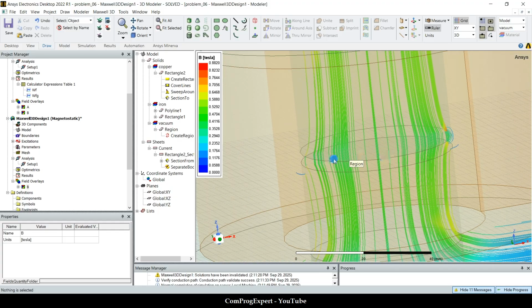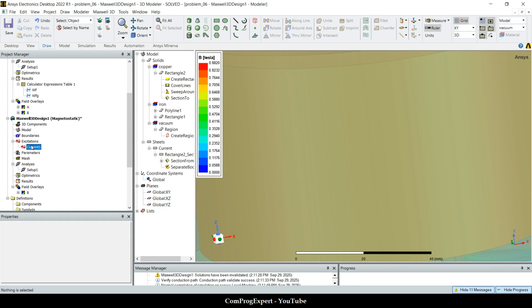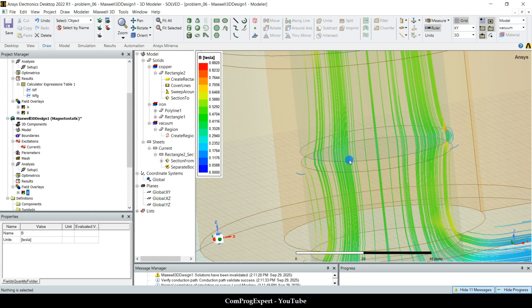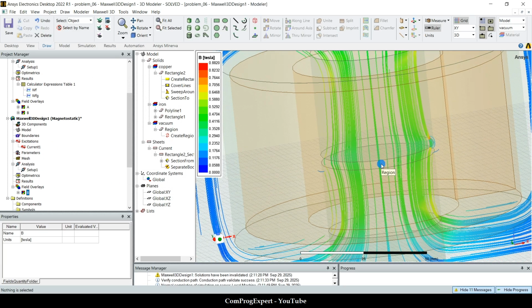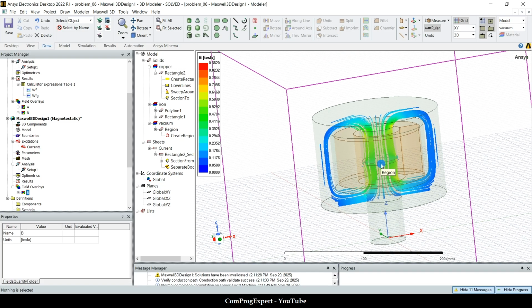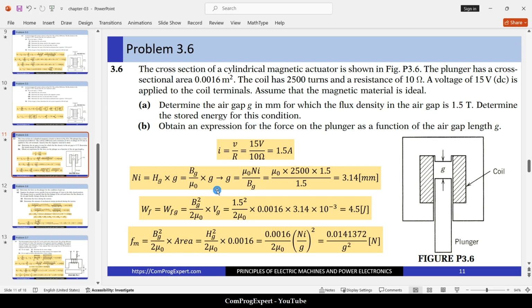Okay. Also, you can calculate the values that we have for the air gap, the correct value. Maybe you can reduce the mesh size, check the numbers again. Anyway, the next part: obtain an expression for the force on the plunger as a function of the air gap length.